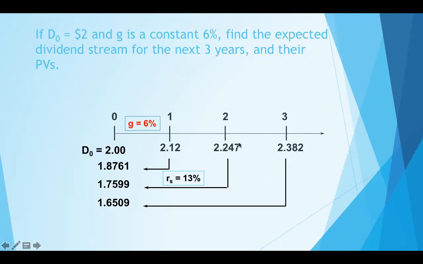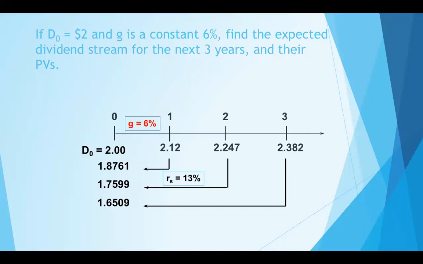So we can find 1.7599. Basically, we discount the second year dividend by 1.13 squared. 13% is given, right? For the time being, 13% is given. We will see how to calculate it, but 2 weeks later, not now.